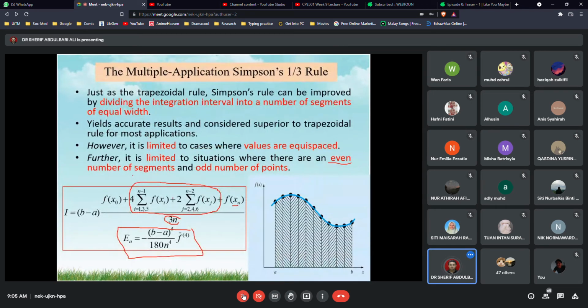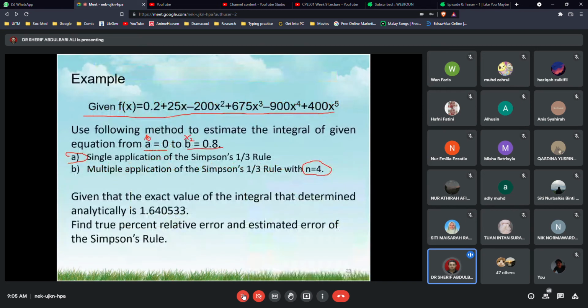So 4 is an even number, and this 4 is going to give us 5 points: x0, x1, x2, x3, and x4. So these 5 points will give us 4 segments. Now let's see how we are going to solve this.